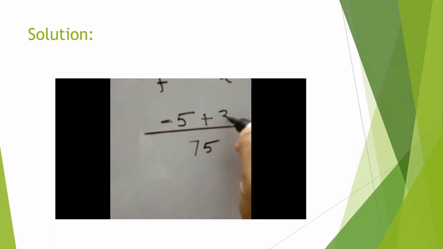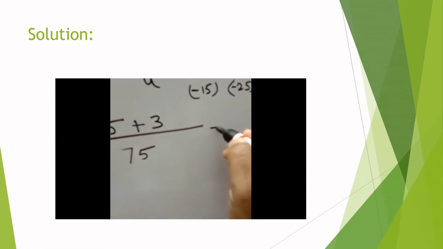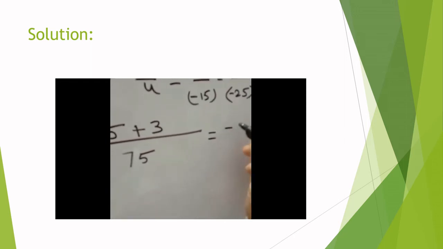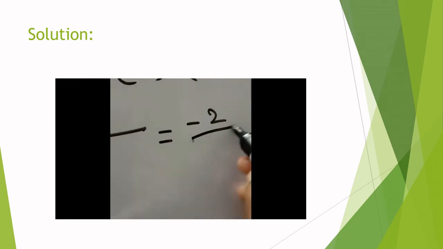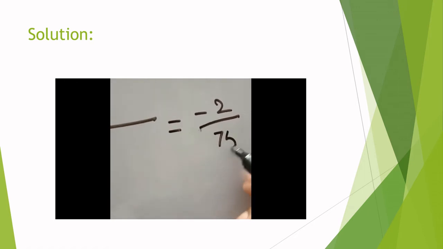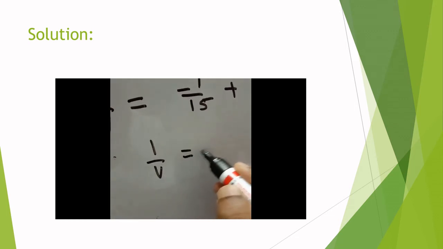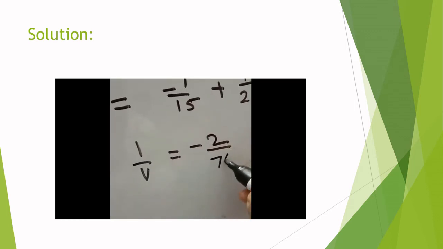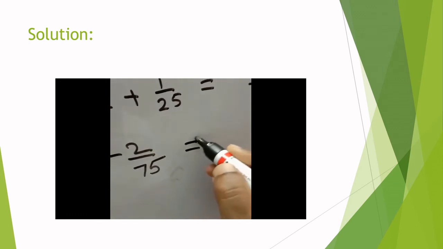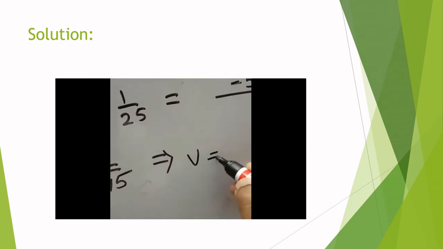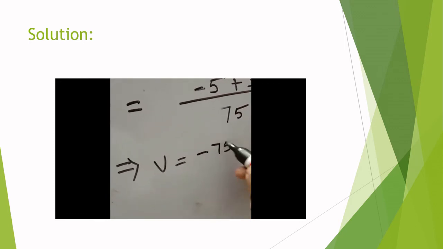Minus 5 plus 3 is minus 2. So minus 2 by 75. So we got 1 by v is equal to minus 2 by 75. The reciprocal of 1 by v is v. So v is equal to minus 75 by 2.